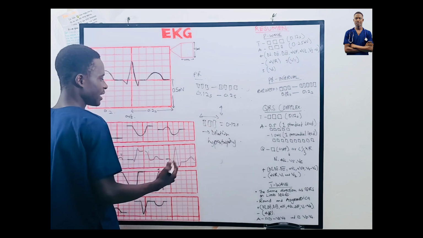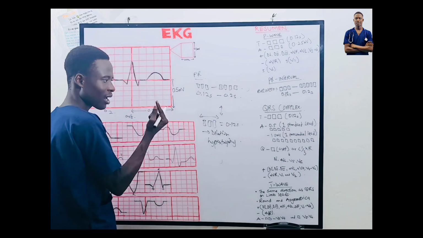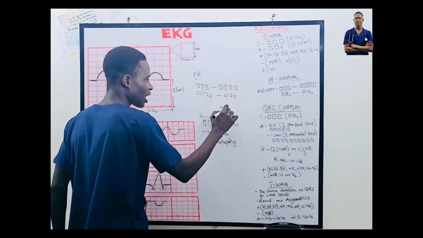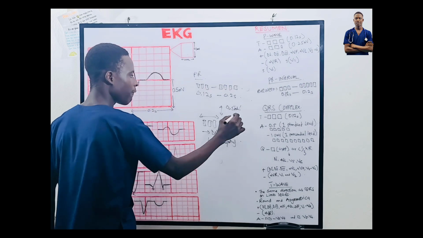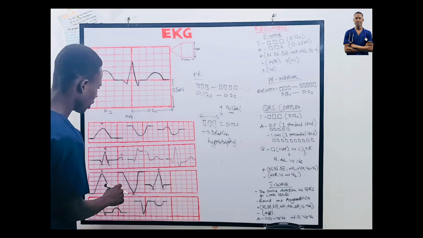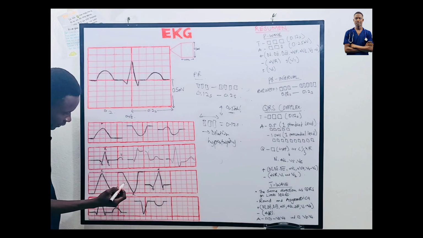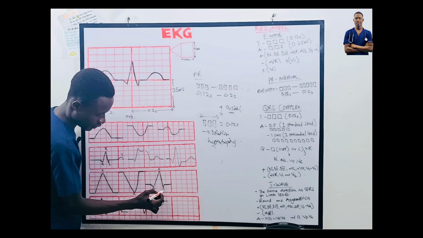On the limb leads, you should get at least one lead among the limb leads that has 0.5 millivolts of the QRS complex. Now look at something over here. We have our QRS complex over here. Do you understand?